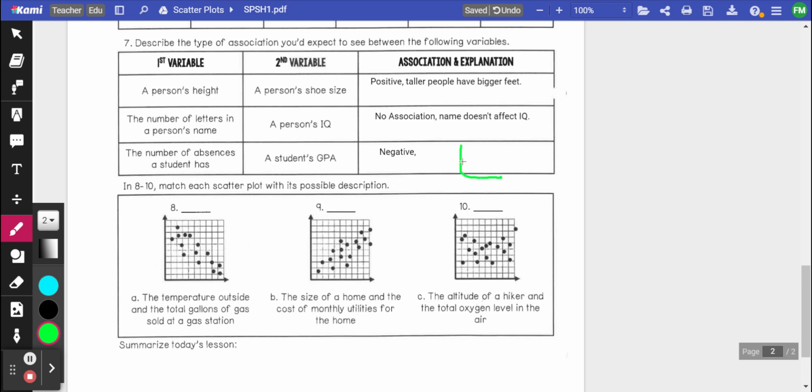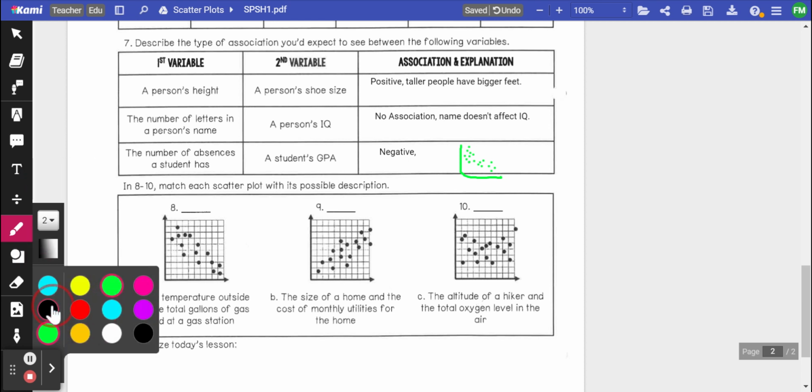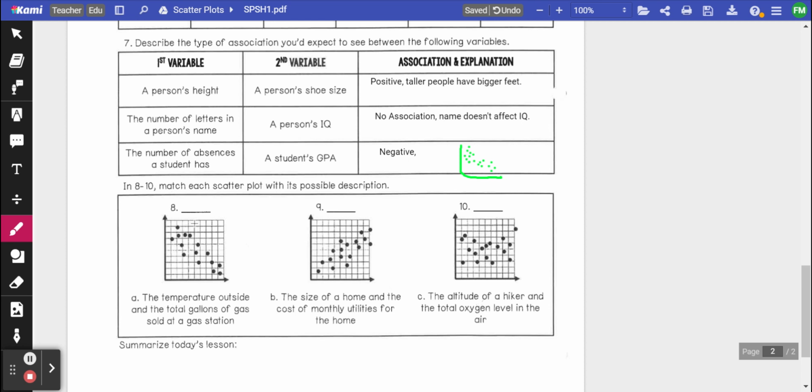Well, if you don't have a whole lot of absences, then you're probably going to get pretty decent grades because you're there for stuff. But as your absences get more and more, let's say you have a whole bunch of absences, I'm going to be straightforward, folks, those people, their grades go down. Their GPA goes down. So if we kind of fill that in, all of a sudden we see a negative association.